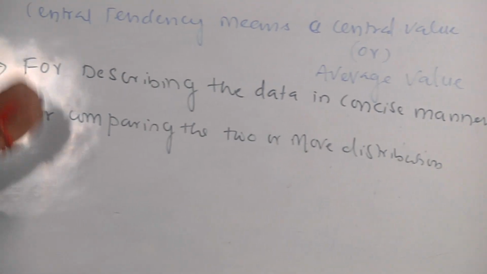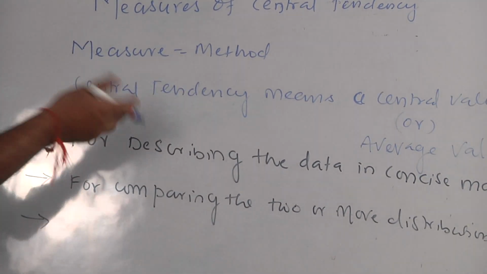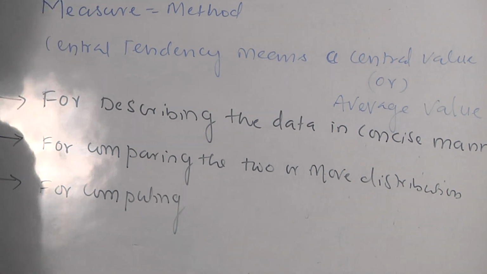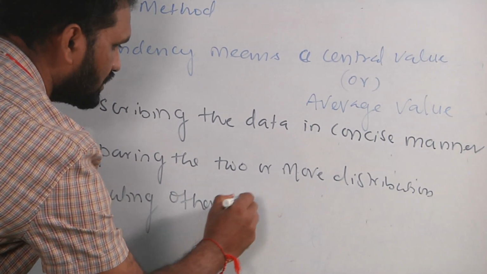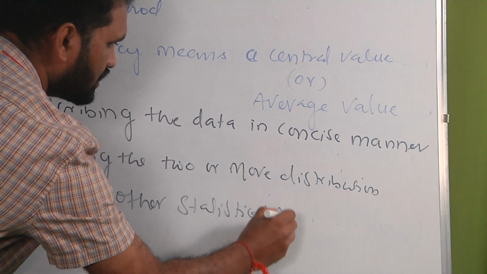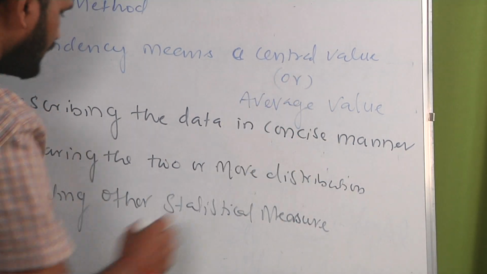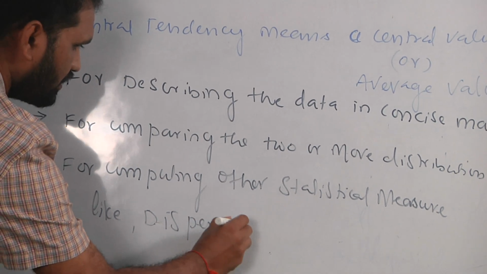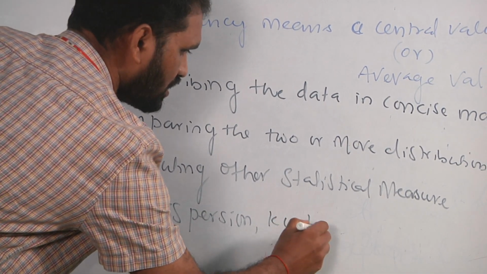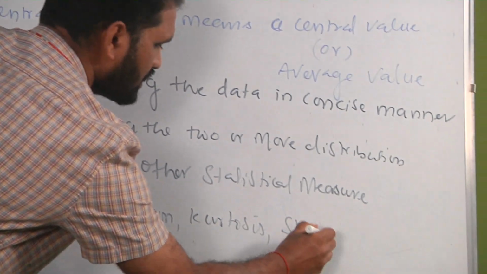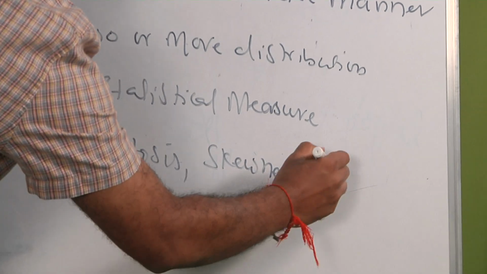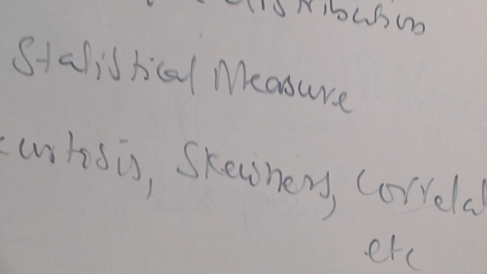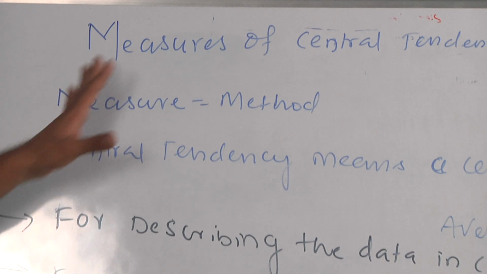Another use is for computing other statistical measures like dispersion, kurtosis, skewness, correlation, etc. So these are the fundamental uses of measures of central tendency.